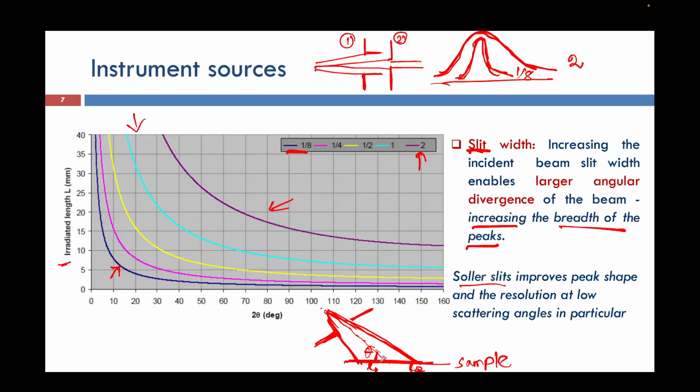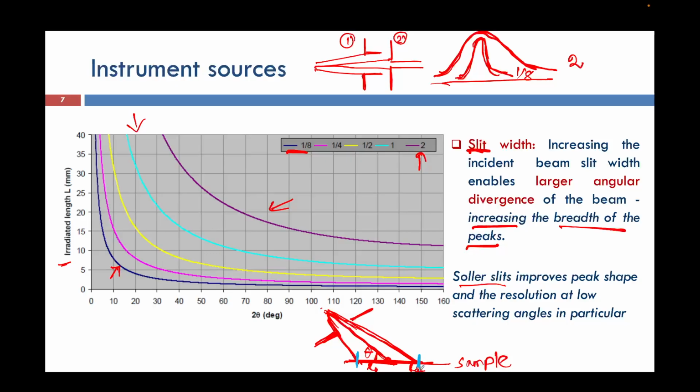Ideally, when we are talking about n lambda is equal to 2d sin theta, we are assuming that our X-ray is coming in this direction and it is being focused on a single point, right? But in reality it is focused from this point. Let's say I am changing the color. We are getting information from this point till this point, right?